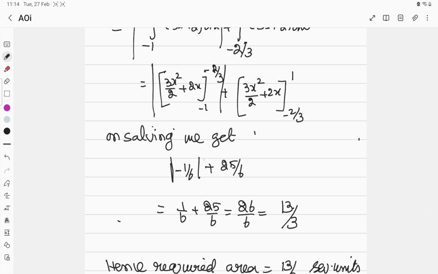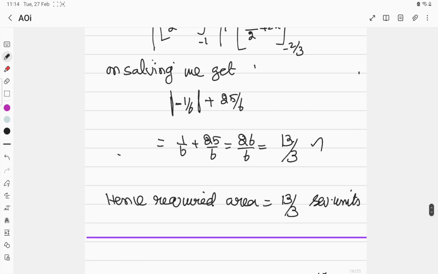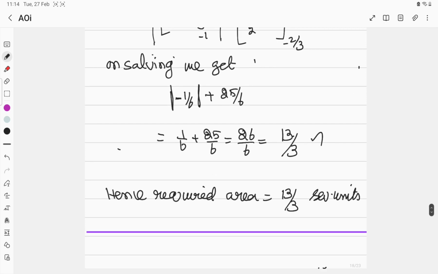Here we have to understand that this is an area, so we have to ignore the negative sign. Area is always positive. Therefore we take 1/6. So 1/6 + 25/6 = 26/6 = 13/3 square units. So area is equal to 13/3 square units.